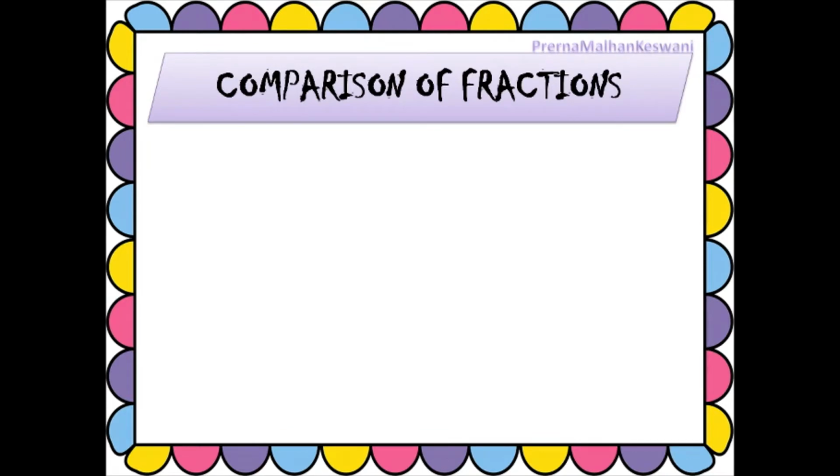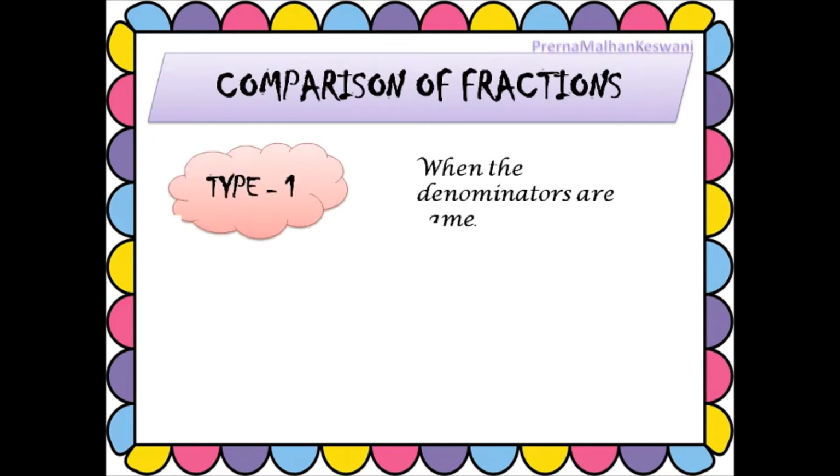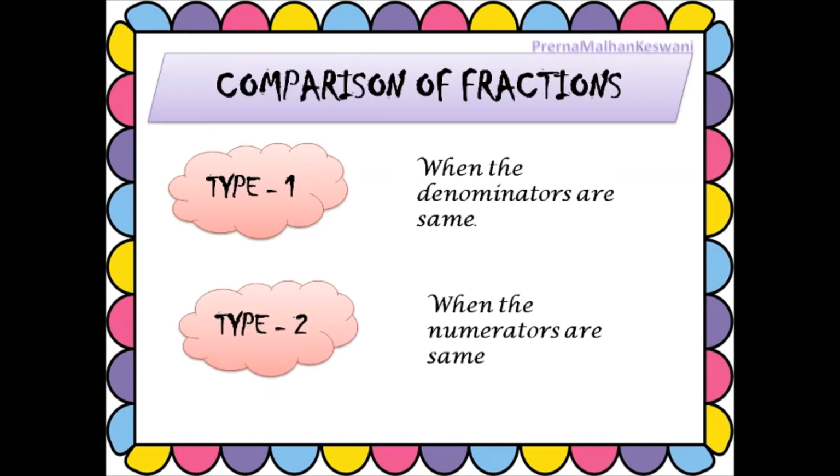Now let's go to the next part, which is known as comparison of fractions. Now, in this class, we will learn two types of cases. First type is when the denominators are same, and second type is when the numerators are same.